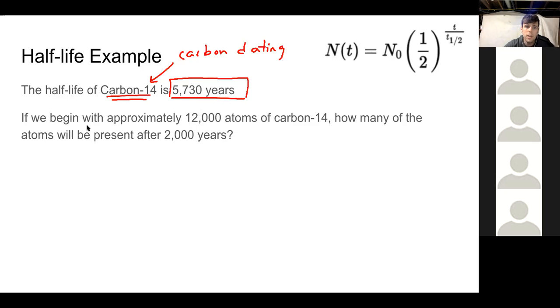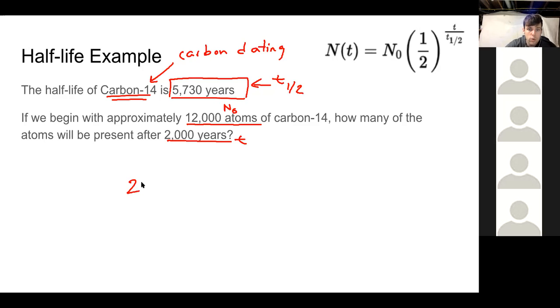So if we begin with approximately 12,000 atoms, that is our N sub 0, our initial amount of carbon-14, how many atoms will be present after 2,000 years? That is our time that we're dealing with. And we already know this is our half-life, our T sub 1/2. So we can figure this out.